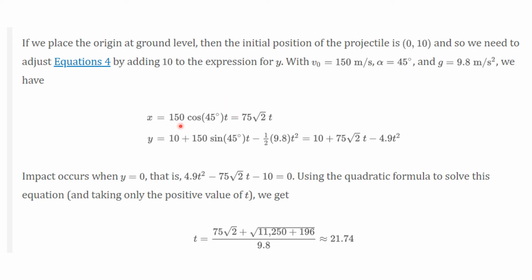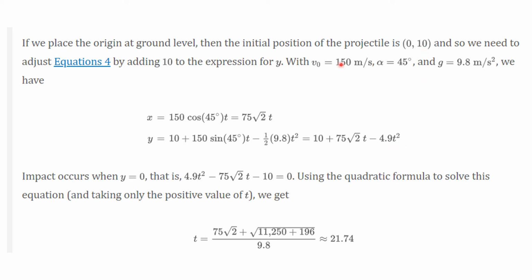We plug the values into equation 4 and we get that x is equal to 75 times the square root of 2 times t. That's the exact answer. And y, after you simplify, is this. Notice that at first you're going up, there is an upward component, but then eventually you're going down because of gravity. That's the sign convention that we used, and this is what we get for our y equation.